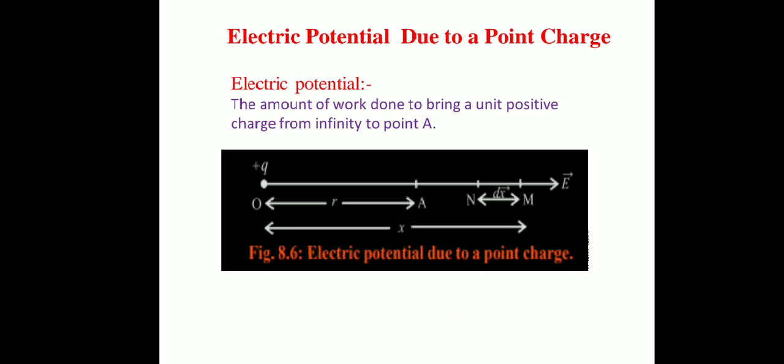Now let us derive the expression for electric potential due to a point charge. First we will define a point charge. What is a point charge? When the size of the charge is very small as compared to the separation distance between the charges, then we call the charges point charges.